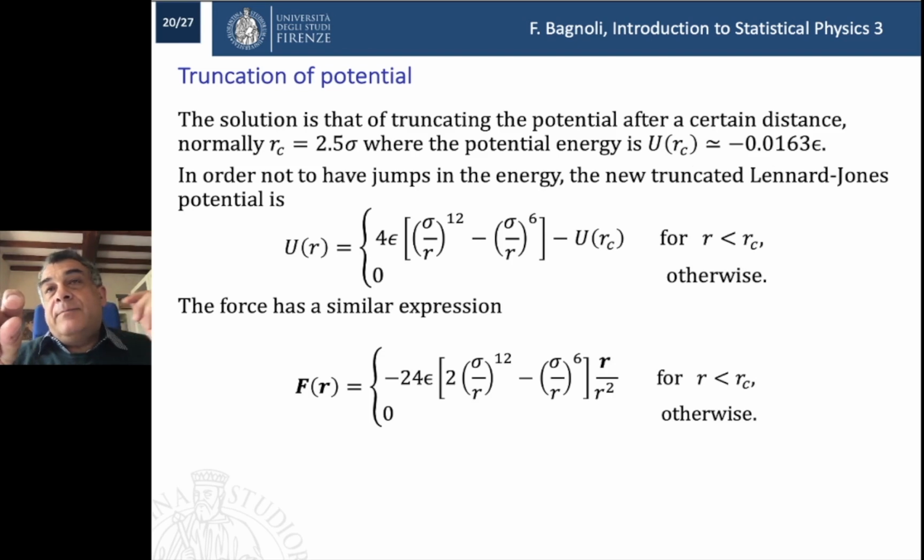This is important when you compute the energy, otherwise we see sudden jumps of the energy simply due to a particle that crosses this distance. And so now we have this expression for the potential and this expression for the force, and that's all.